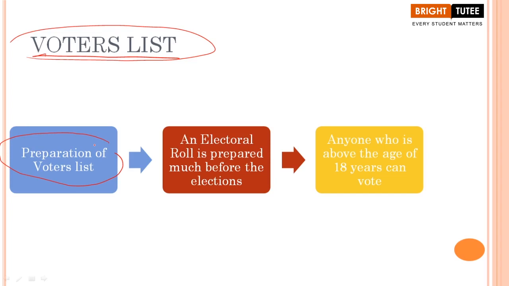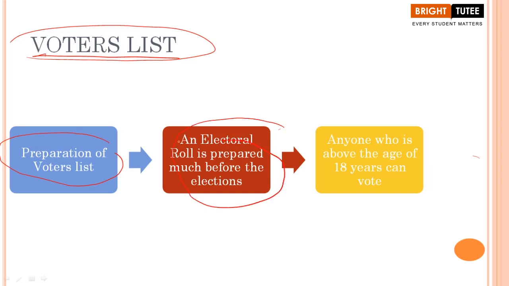So in our country, like I previously told you, people who are above the age of 18 or 18 years old have the right to vote. We have learned this in Universal Adult Franchise, right students? So based on this idea and this data, in our country an electoral roll is prepared, and that is done much before the elections are held.